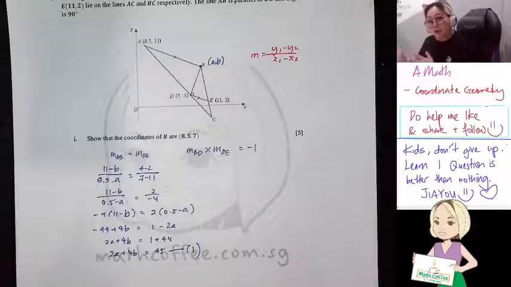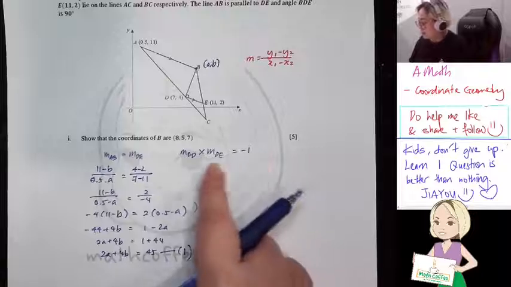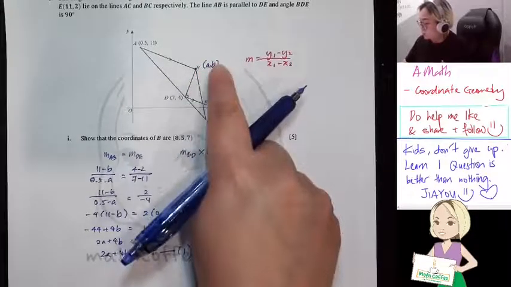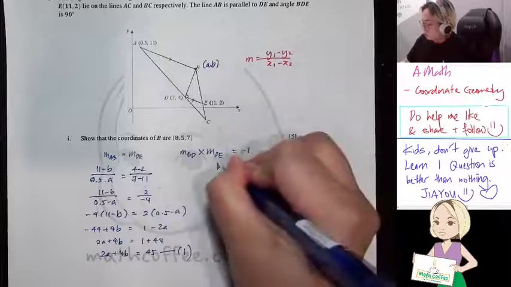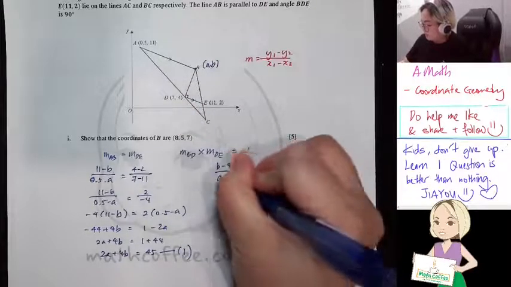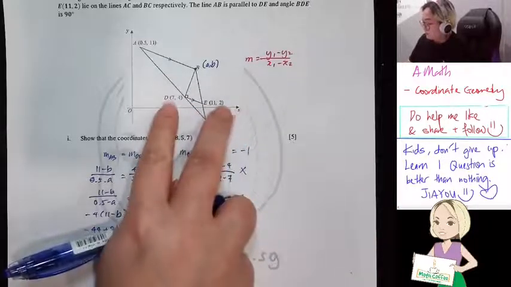Okay, let's find our second equation. So now I'm going to base on this second piece of information I have. So gradient BD, I will look at the points B and D. So it will be (b - 4) over (a - 7) multiplied by gradient DE. Again, I have the two points over here.